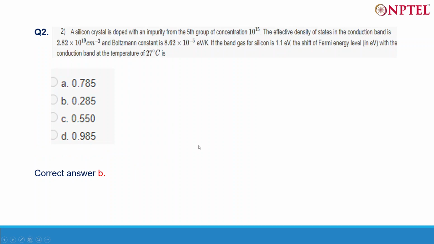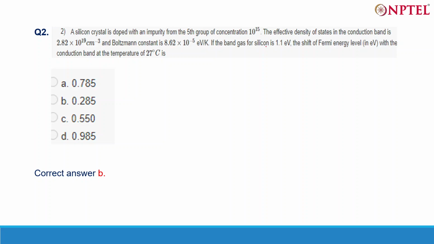Okay, so let's move to the next question. The next question is asking: a silicon crystal is doped with an impurity of the fifth group, that is pentavalent, with concentration 10 to the power 15. The effective density of states in the conduction band is this.